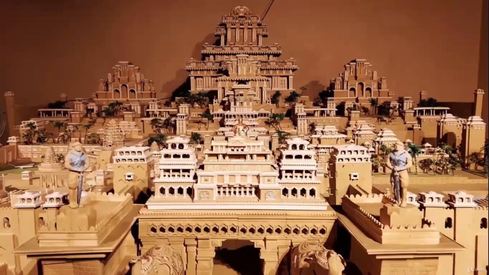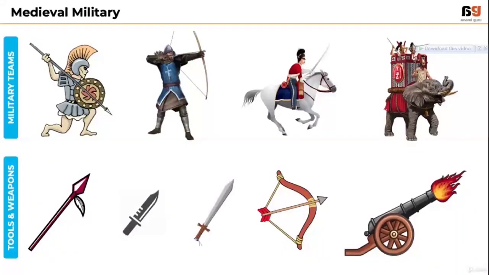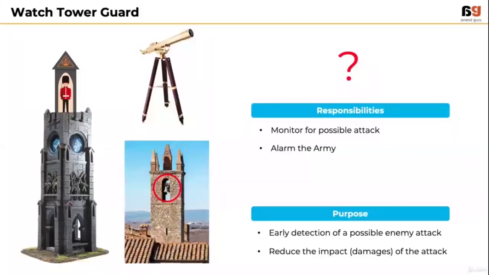Trying to set an example of an ancient Roman war system, whereby apart from having all these armies in place, they have this guy that normally stays at the watchtower. He also has a bell and a telescope. In real times, what he does is monitor for possible attacks coming from far.